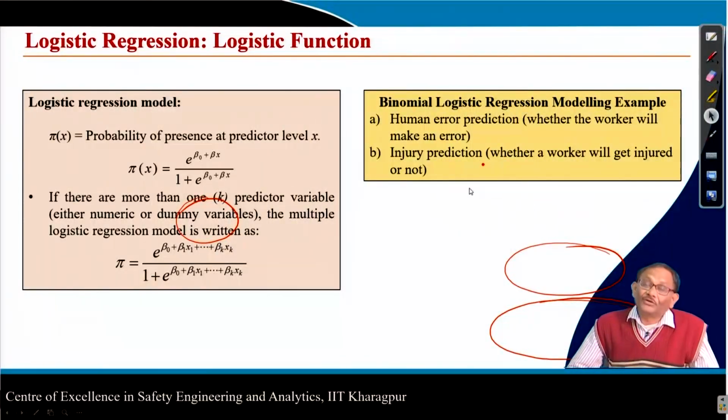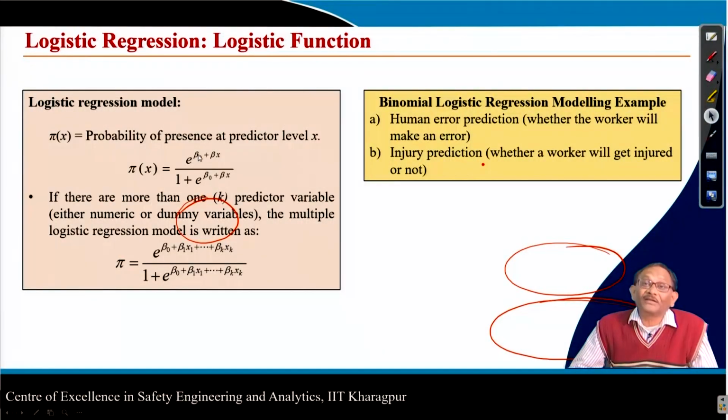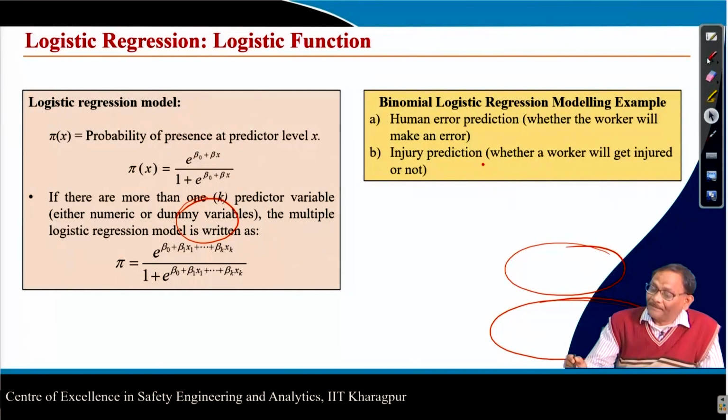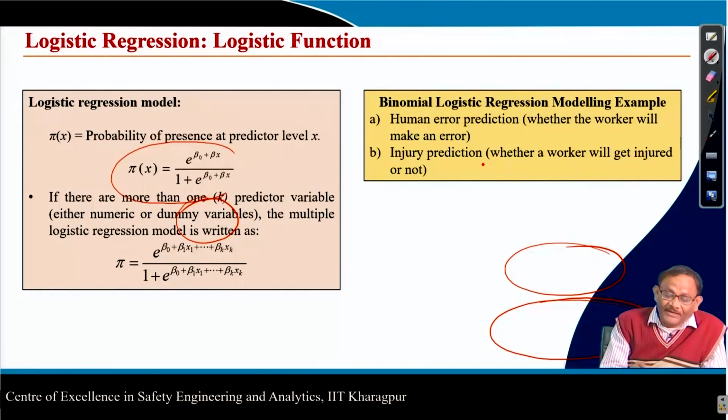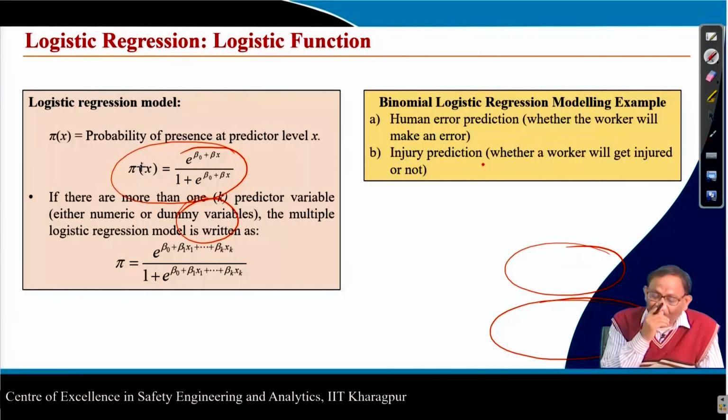Yes. So finally, if you try to find out the mu, pi equals e to the power g mu by 1 plus e to the power g mu, and g mu is eta, and eta equals x beta. If you put all those things, you are getting this. So your probability of presence, here we are saying presence or absence. Y equals 1 if present, and 0 else.